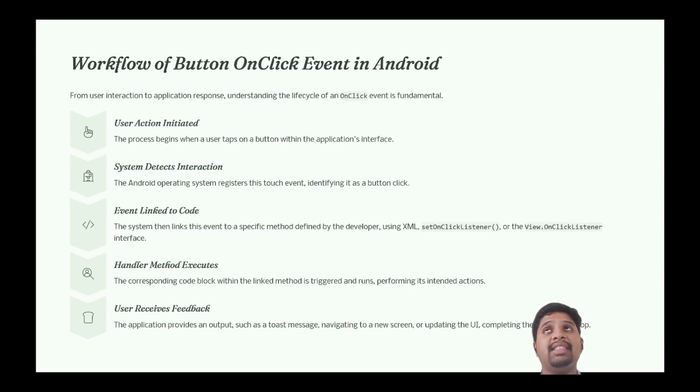Now let's understand the workflow of an on-click event, how everything happens behind the scenes. Step one, the user taps a button. User action required: this is the user tapping the button. Step two, the Android system detects the interaction and recognizes it as a click.